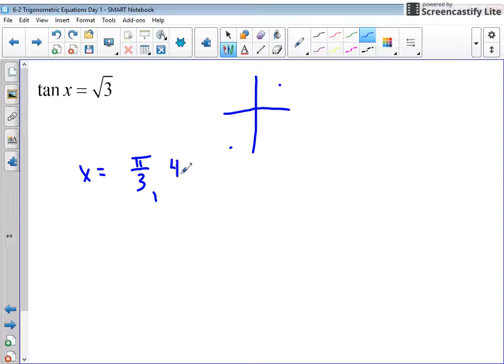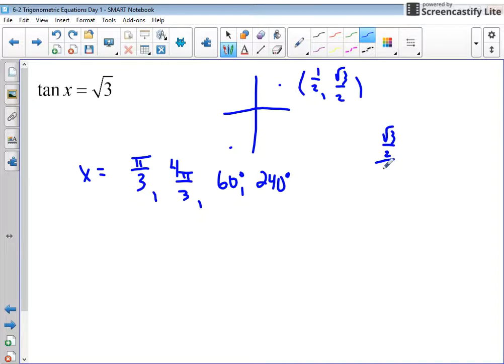That would be silly. So this is 4 pi over 3. The angles there then in degrees will be 60 degrees as well as 240 degrees. All right, and just to confirm that, here at pi over 3, that coordinate is 1/2, radical 3 over 2. So if I put the y value over the x value, those 2's cancel out and that gives me radical 3. That's why pi over 3 works there.